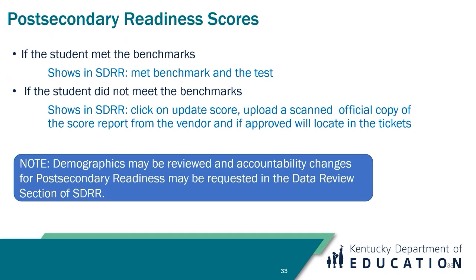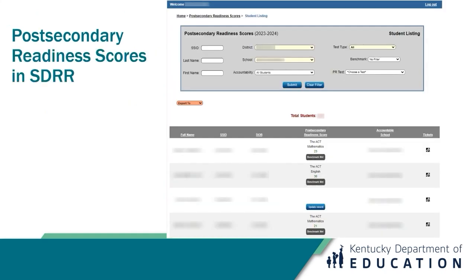And if you need to make demographic changes to post-secondary readiness information, that is done during the data review process for post-secondary readiness scores in the section in SDRR. Now, here's what I was showing you. You can also filter just like you can on our other student listings. You can export it.